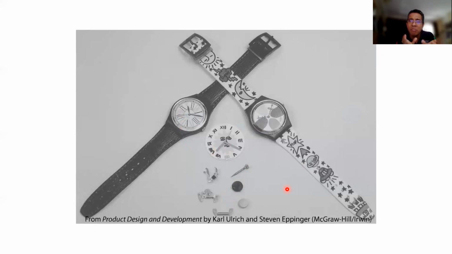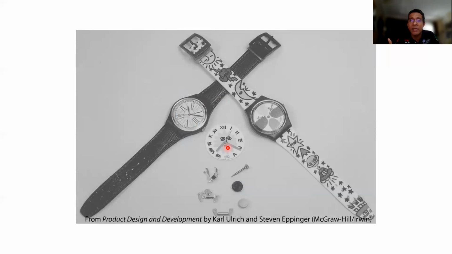And then the large number of different parts, like I said just now, the band, the hand, the screws, can be combined with another case. For example, with another casing here, you can make another brand, another variety of the watch.